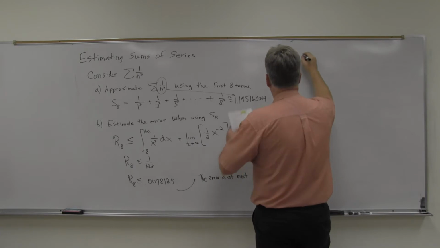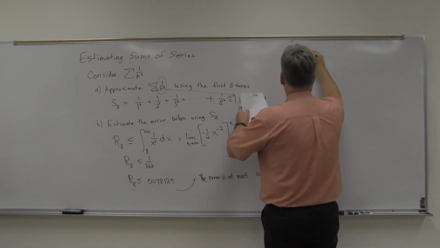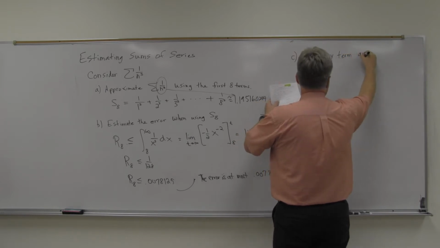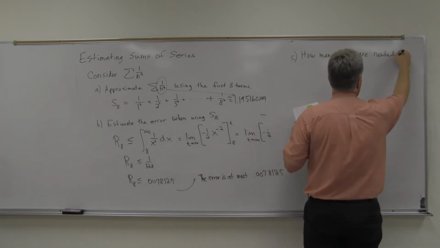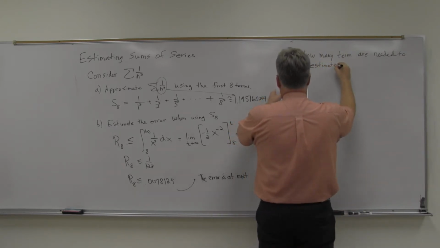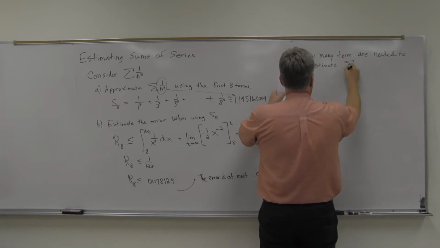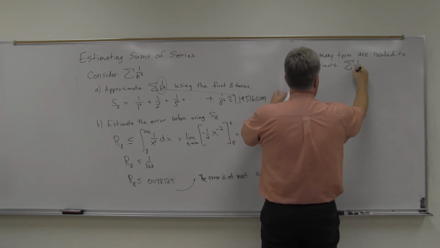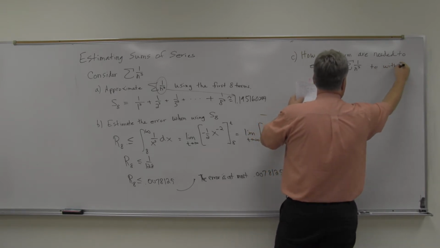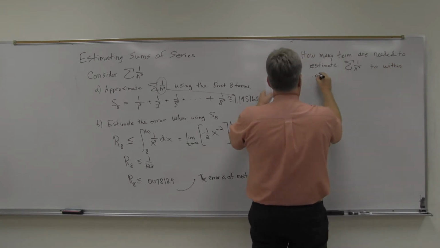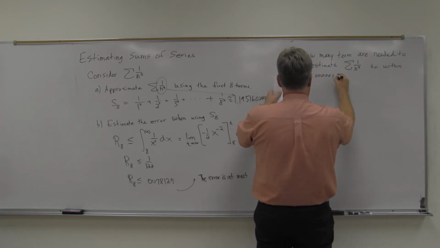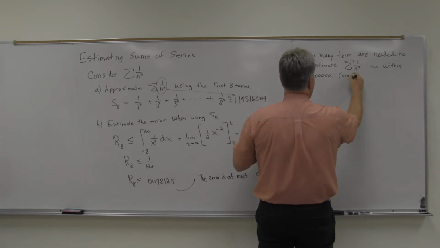All right, so C. How many terms are needed to estimate the sum of 1 over n cubed to within 0.000001, 6 places.